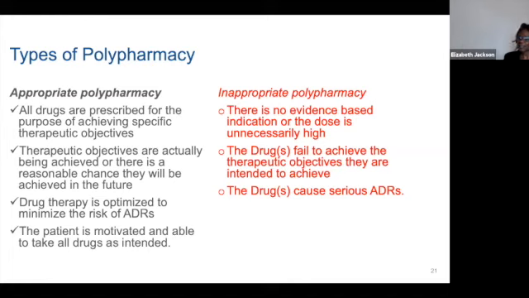And another example would be when the patient is motivated and able to take all the drugs as intended. So those are the two types of polypharmacy. We'll be focusing mostly on the inappropriate polypharmacy for the purpose of this presentation. Next slide, please.